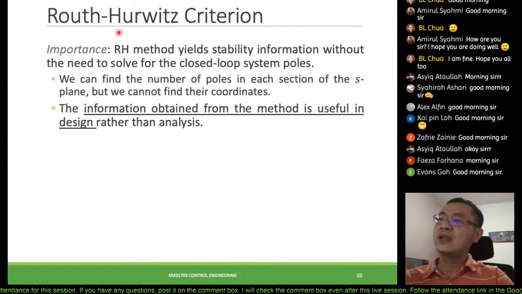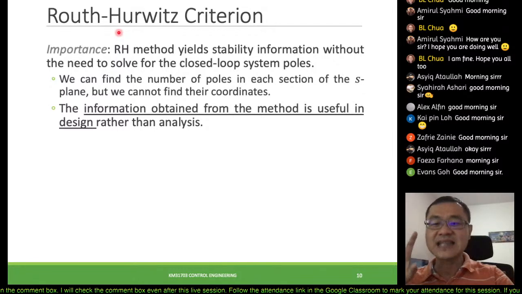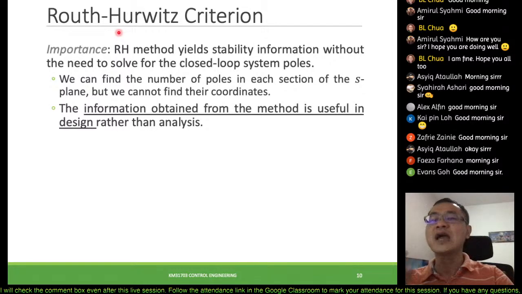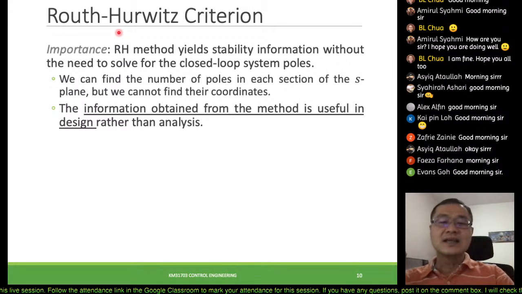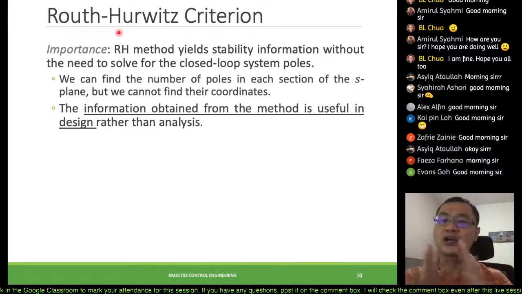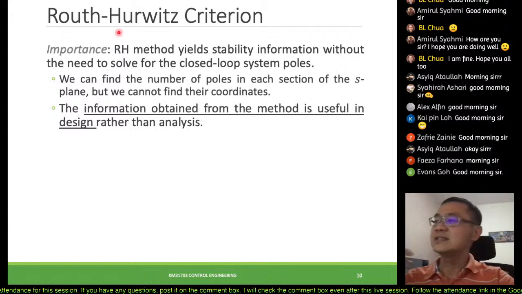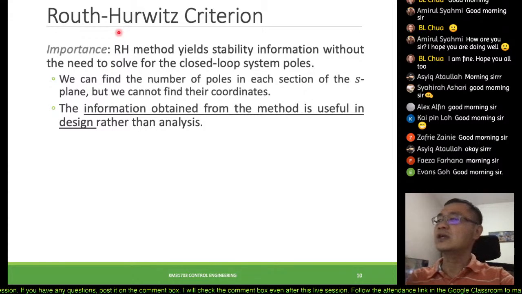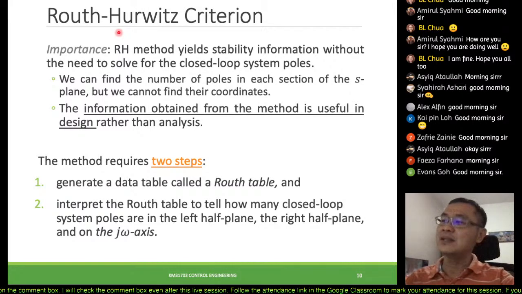But when we want to design, you have certain unknown parameters, maybe a K or A or B. Then this method will be good to know the locations of the poles, to tell whether the system is stable or not. We will go through it so that you get a better idea of what I mean later on.